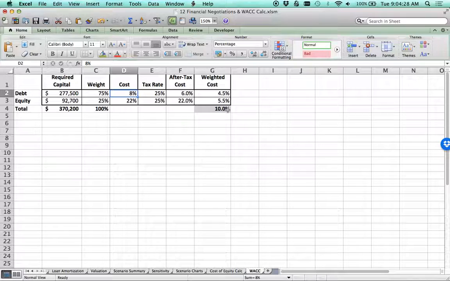Now, in your case, let's just assume that once you got done with your negotiations the facts had changed a little bit, and what they had decided to do was give you $250,000 total in debt financing, and they agreed to your 8% terms, so that's good.